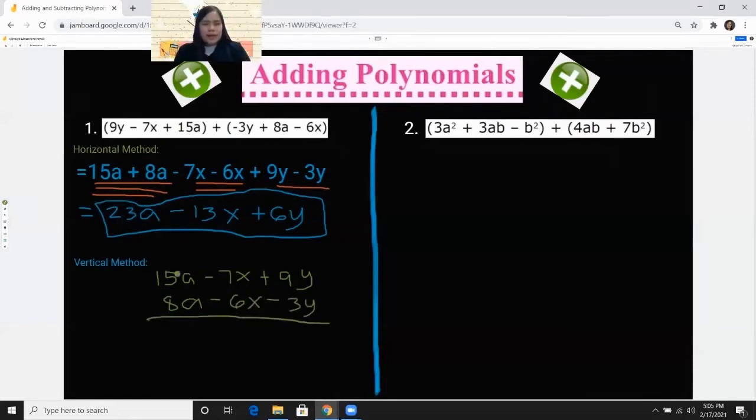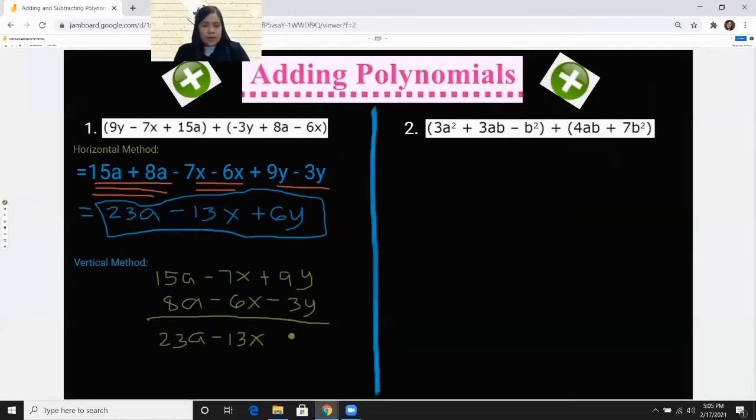Now we can combine this. We have 15 plus 8, we'll have 23, and then you're just copying the variable. It's like 15 apples plus 8 apples, we have 23 apples. Then we have negative 7X minus 6X. Negative and negative will give you a negative 13X.